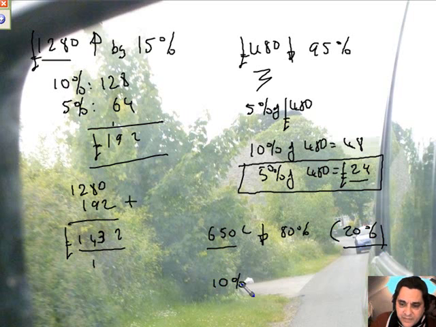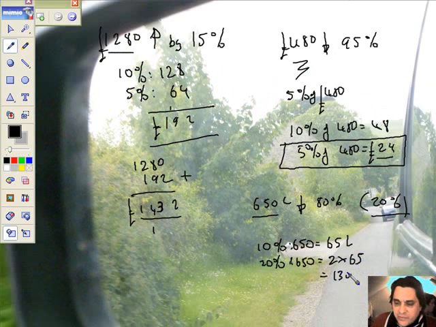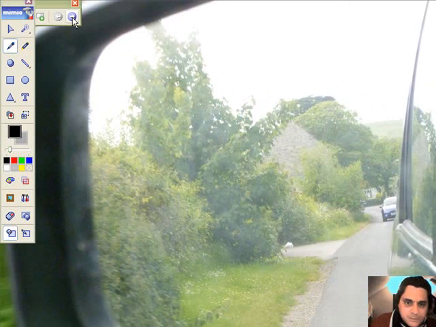Well, let's go for 10% first. 10% of 650 will be 65 litres. 20% of 650 is going to be twice as much as that. So 2 times 65, 130 litres. Finished. Meant to be an L, not a 4. Is that alright? New page.